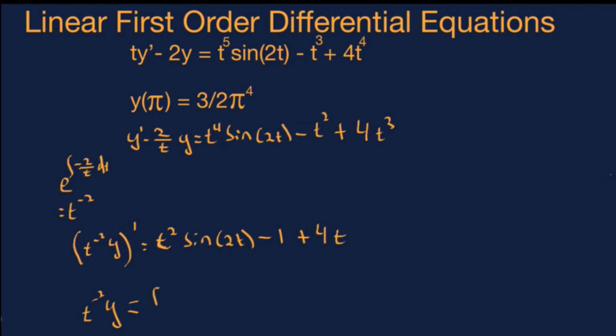So it would be the integral of t squared times sine of 2t with respect to t plus the integral of -1 plus 4t with respect to t.